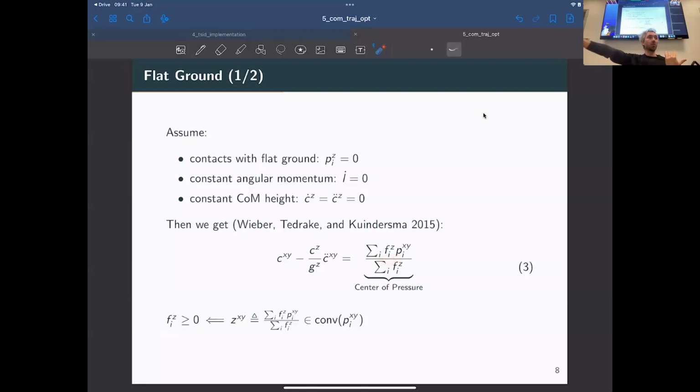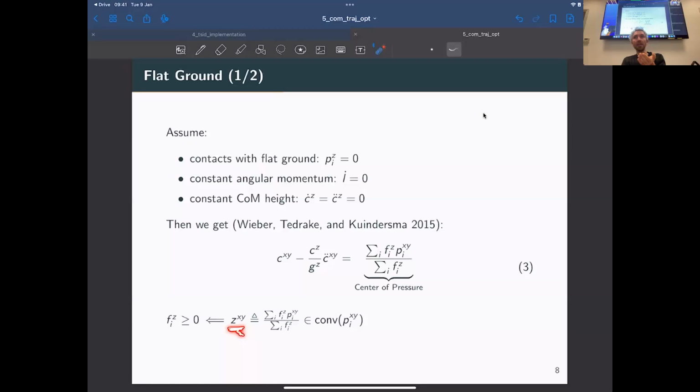If we have many contact points, like a robot with 2 feet on the ground, you have 8 contact points, because you have 4 and 4 for each foot. So you end up with 8 variables, whereas this center of pressure is only bidimensional, because it just lies in the XY plane.